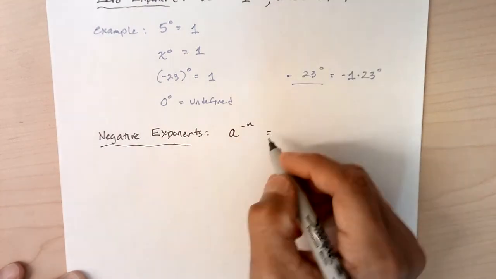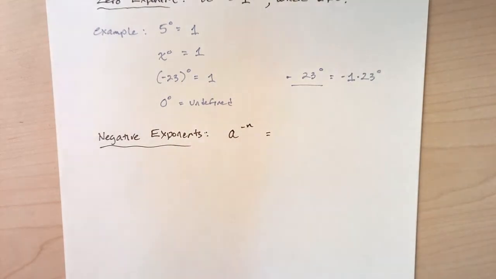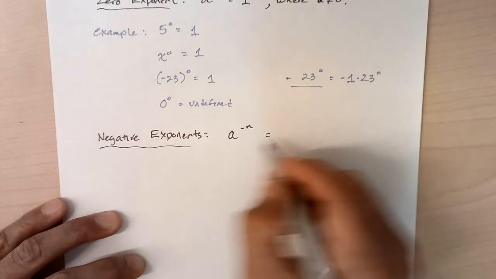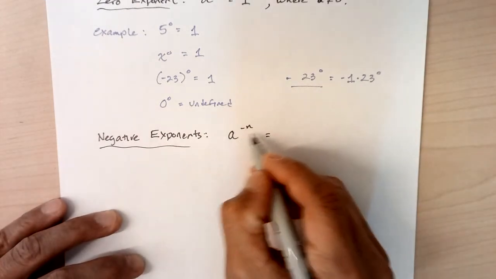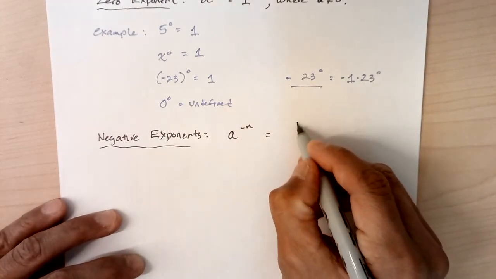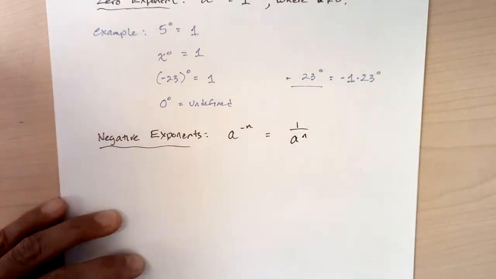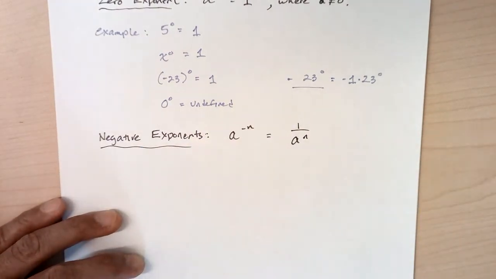If you're asked to simplify, which is what you'll be doing, you never want to leave any negative exponents in your answer. It would be incorrect. You want to take the reciprocal and make the negative exponent positive. That's defined to be 1 over a to the nth power. And then we'll go over some examples of that.